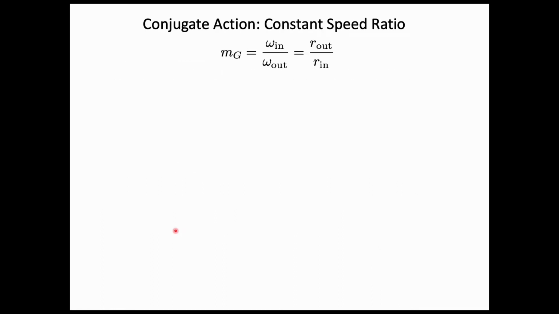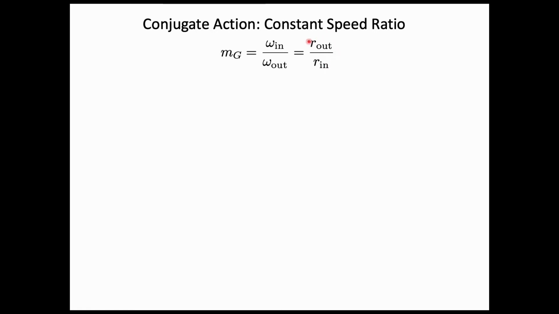For conjugate action to hold true, we need to have a constant speed ratio. Earlier, we defined what speed ratio is. That's the input speed divided by the output speed. Also, we can calculate that as the output gear radius divided by the input gear radius.